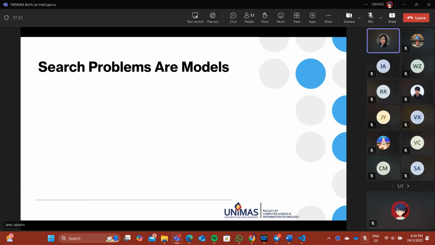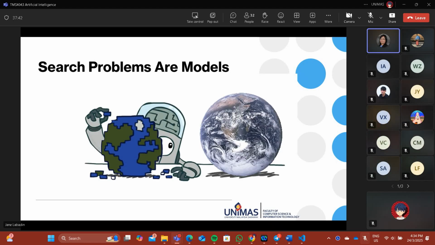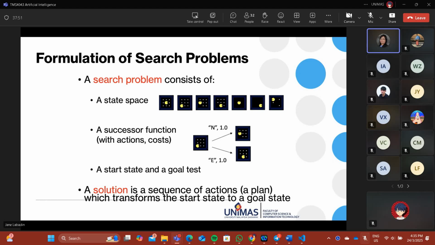So we can look at such problems as models, because it basically mimics the world, the environment. Because if you remember, what do you have in a search problem? You have your state space, which is how you perceive the environment, and that's how you formulate it in such a way that you move.